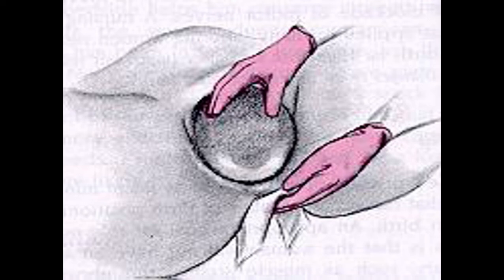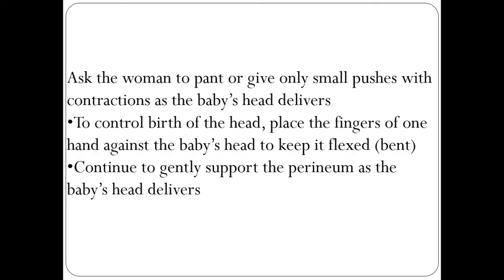So I keep the baby in the flexed position with my right hand in order to bring the smallest anterior diameter of the fetal head. By pushing the head down, I have to keep the head in the flexed position. The other hand is doing a perineal support, and this is called Ritgen's maneuver.